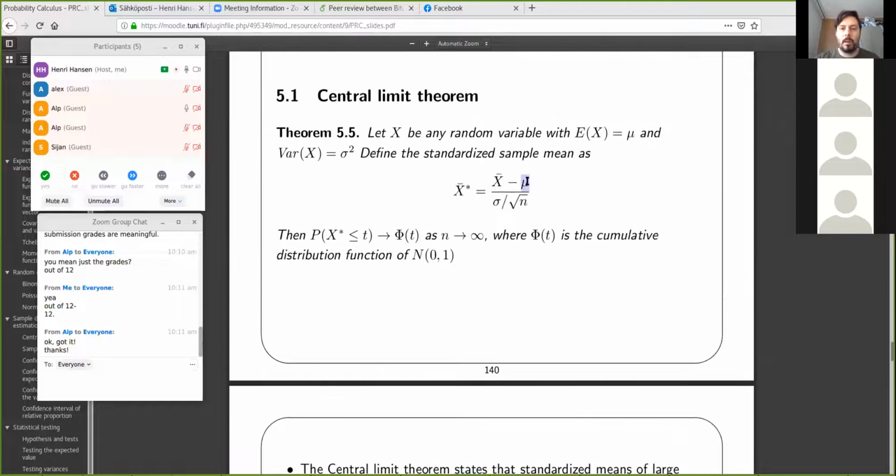So this mu here fixes the expected value at 0, and then dividing by the standard deviation divided by the square root of n fixes the fact that as n grows larger, the variance goes down. So we get to something that is close to the N(0,1) normal distribution.